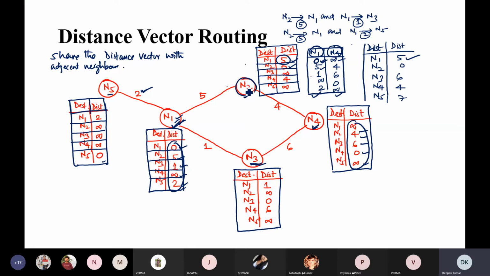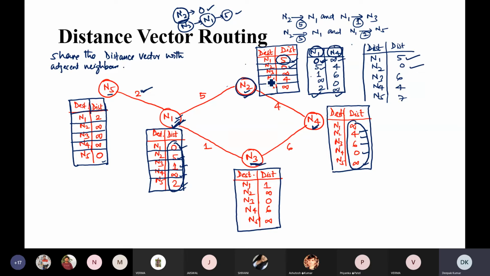And N1 itself understands that it can reach N2 with 0 cost. So it will compare which one is lesser. N2 will see that it can reach N2 itself with 0 cost, and through N1 it would be 5 cost. It will see which one is smaller. Smaller is 0, so it will update 0 only.